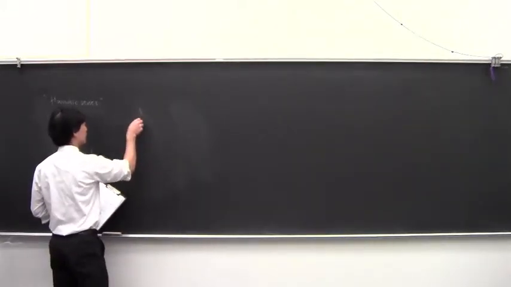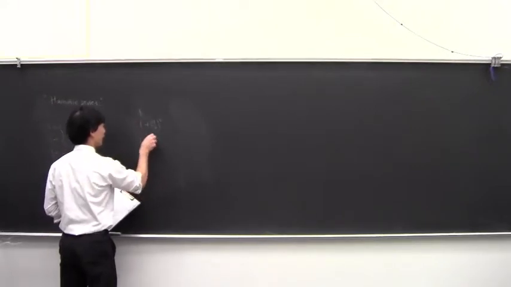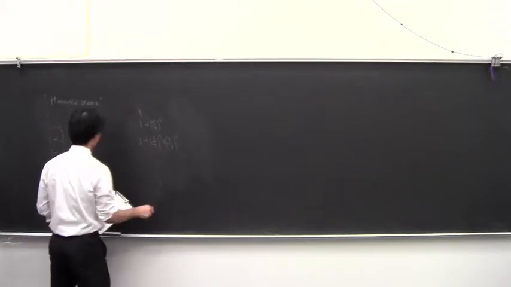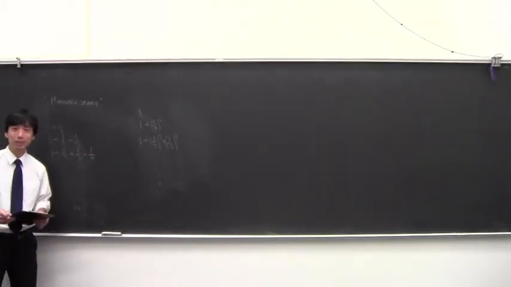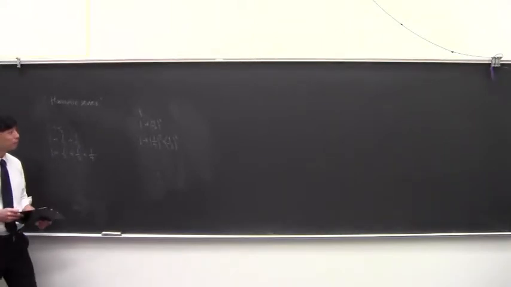There's a related sequence: 1 plus a half squared, 1 plus a half squared plus a third squared, blah blah blah. Does anyone know what happens to this one? I'll be shocked if you know what happens to this one. What do you think?